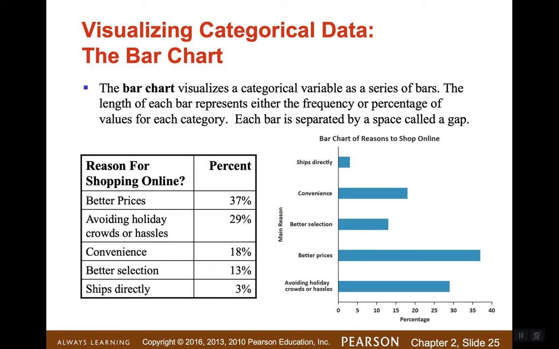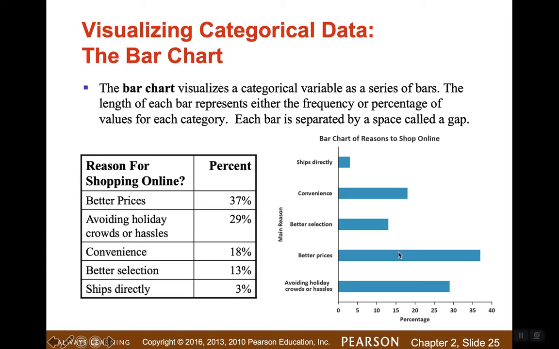Let me give you an example. The bar chart really takes our variable and we visualize it as a set of bars. So we have our categories, and this is the measurement of what we found, and this is our scale at the bottom. The percentage is the scale. By looking at this, when we ask the question, what are people's reasons for shopping online?